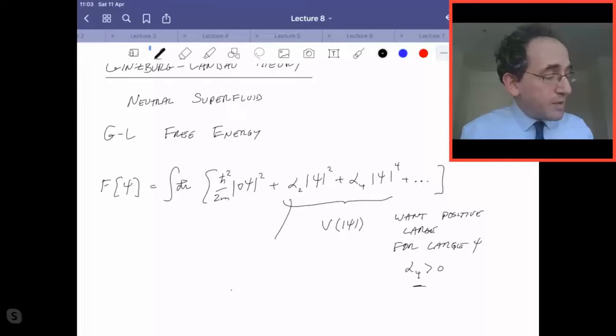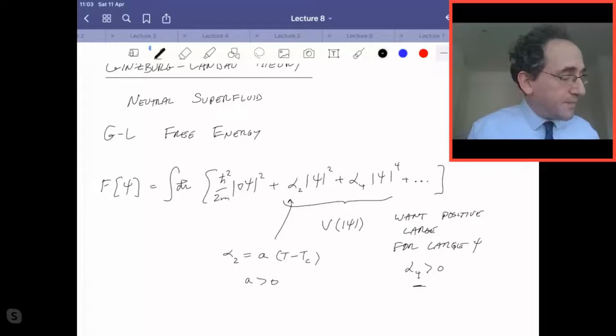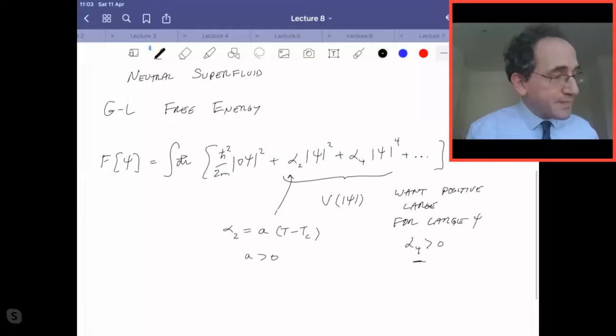And furthermore, we're going to discover this coefficient, alpha 2, is going to be related to the critical temperature. It will be A times T minus critical temperature with A greater than 0. So we'll be able to show that in a moment.